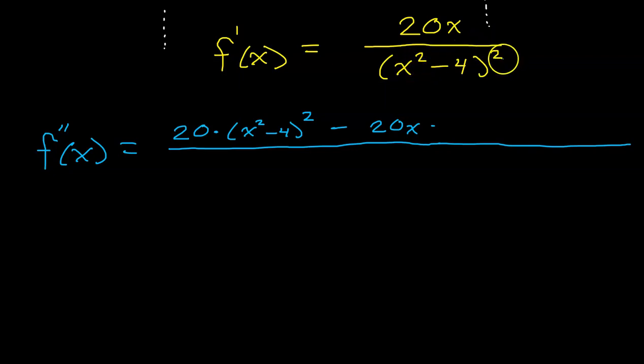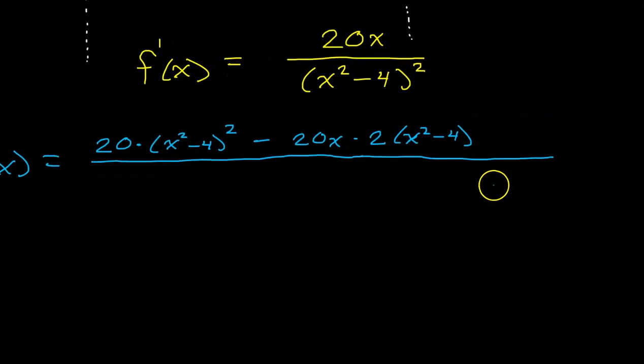So I'm going to first use the power rule and move that 2 to the front. So I will have 2 times x squared minus 4. But that's the outer function. For the chain rule, you then have to go ahead and multiply by the derivative of the inner function, x squared minus 4. And the derivative there is going to be 2x.